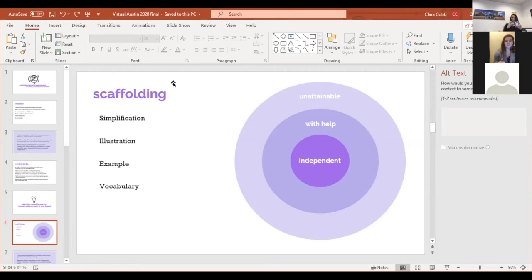Like on a social media level, that would probably be understanding or interpreting a meme. And there's some content that's just going to be unattainable in another language. And that might be like reading a book or a white paper. A lot of the thought leadership that's done is going to fall into that category. A lot of scaffolding comes down to audience awareness.